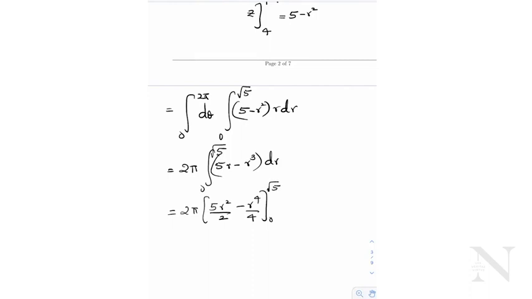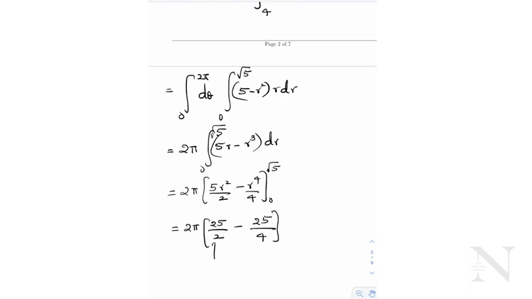The good thing is that with an even exponent, the square root behaves nicely. So it's 2 pi times: square root of 5 squared is 5, so that's 5 times 5, which is 25 over 2, minus 25 over 4, since square root of 5 to the 4th is 25. So this is 50 over 4 minus 25 over 4, that's 25 over 4, times 2 pi.